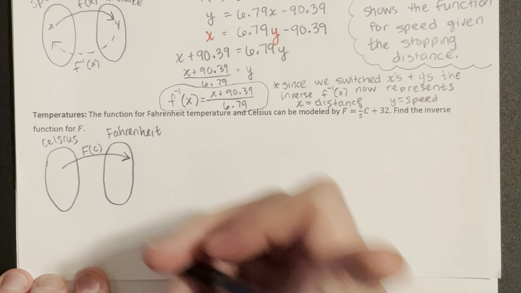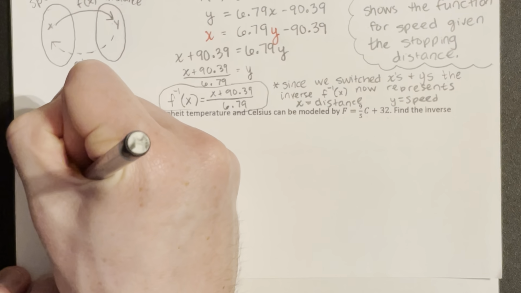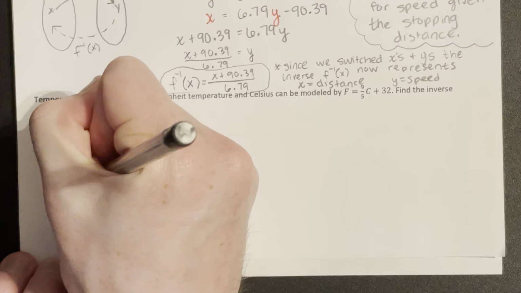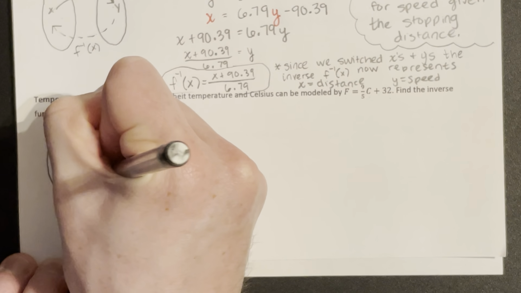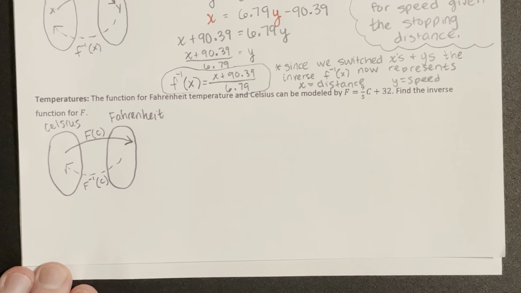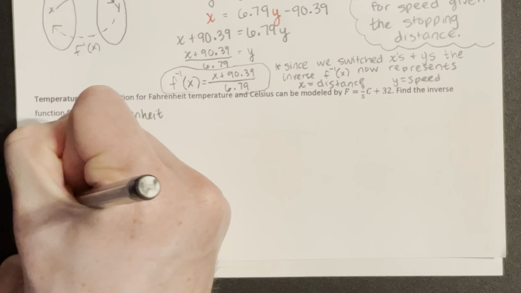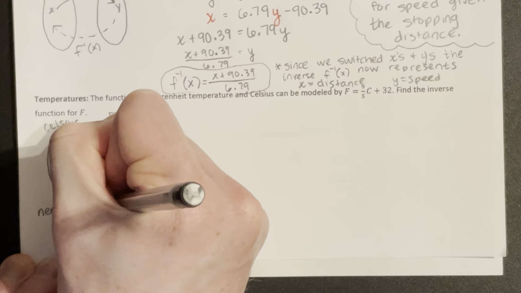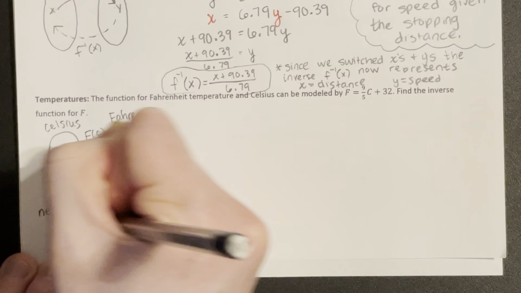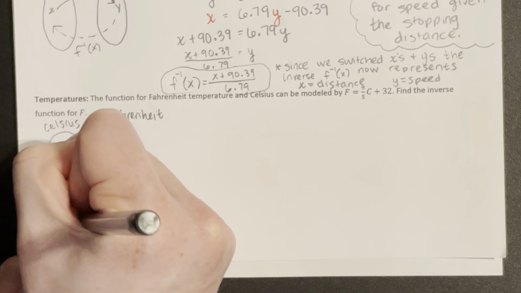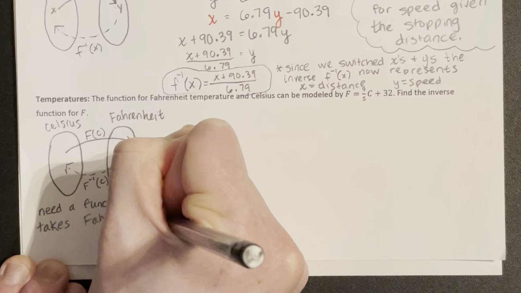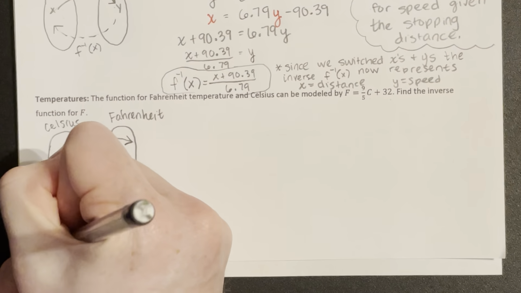If I'm finding the inverse function, all right, we're going backwards and finding what would be notated as f inverse of c. And so what we are saying here is that we need a function that takes our Fahrenheit now as our input back to Celsius.